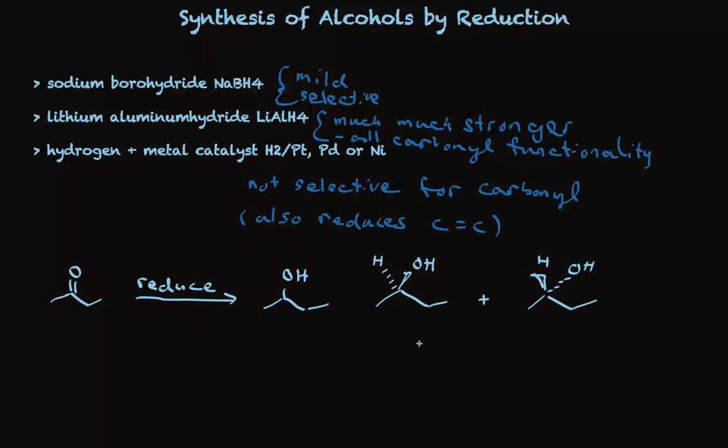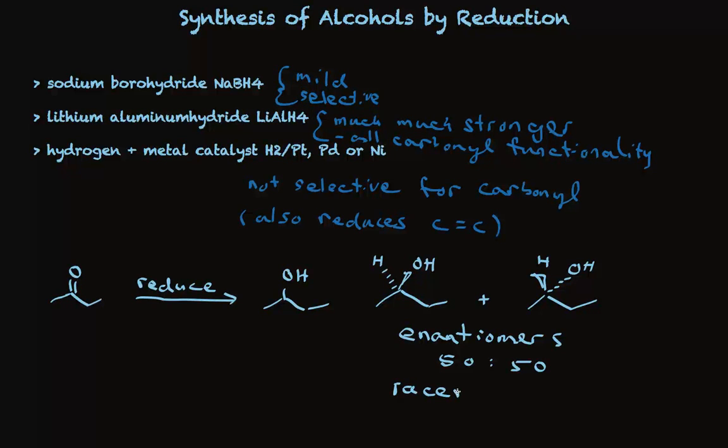And in a case like this, these are enantiomers because there's no other chirality center in the molecule. And there'll be a 50-50 mixture, what we call a racemic mixture.